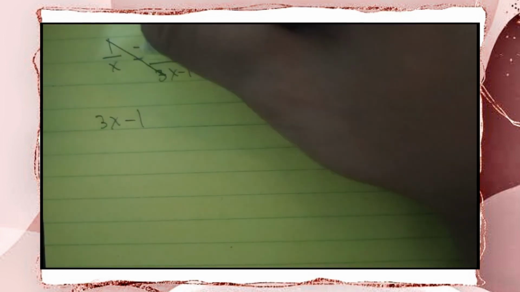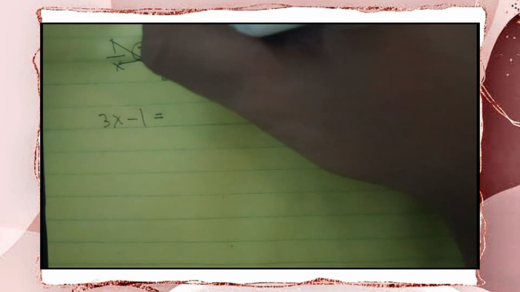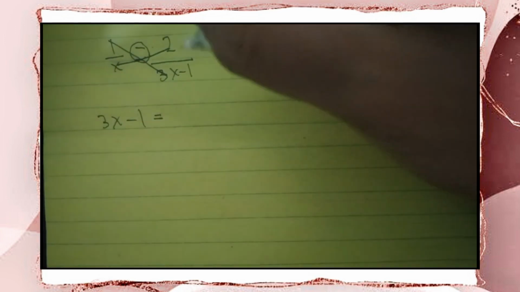So, 1 times 3x minus 1 is equal to 3x minus 1. After that, we're just going to copy the equal sign, and after we copy the equal sign, we're going to multiply x and 2, which is 2x.